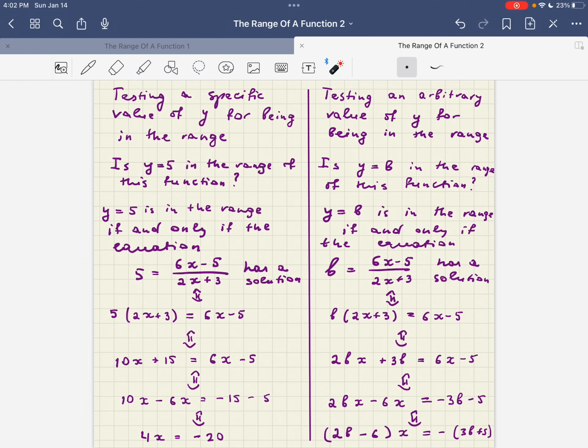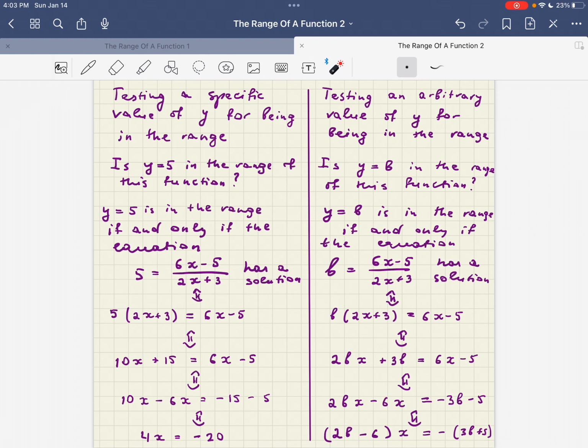The steps that we go through are exactly the same, except this time, everywhere we used 5 before, we now use b. Multiplying both sides by 2x plus 3, we get b times (2x plus 3) equals 6x minus 5. On the left-hand side, we distribute b. 2bx plus 3b equals 6x minus 5.